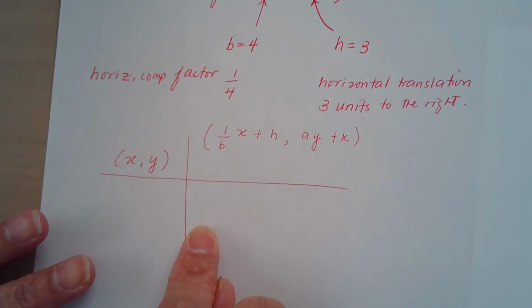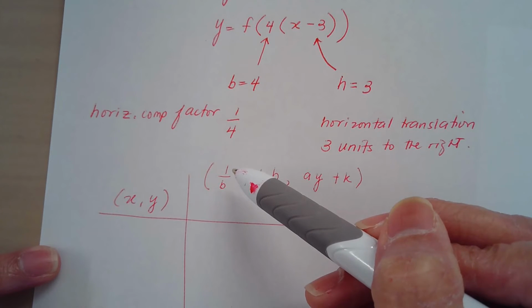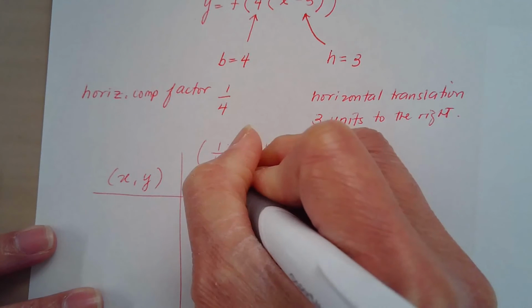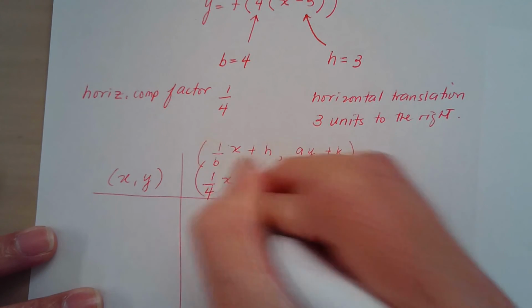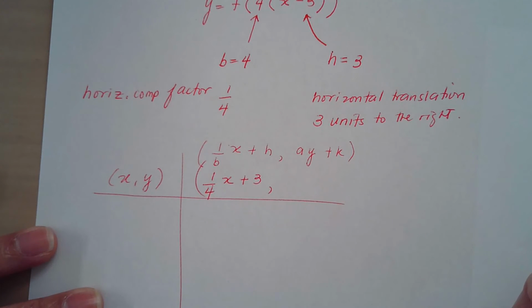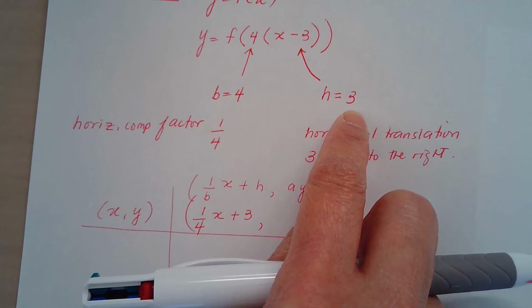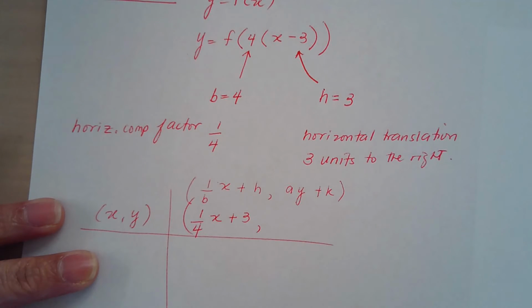So horizontal compression means the factor is 1 over b. So it's going to be 1 over 4, x plus h. So plus h would be plus 3. And then the y. Is it plus 8 or minus? The formula is 1 over b x plus h.